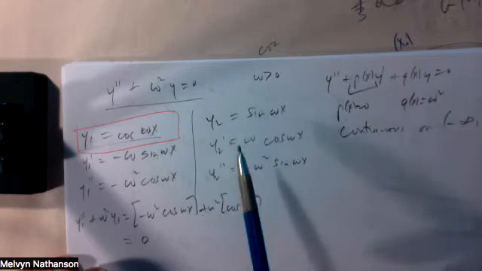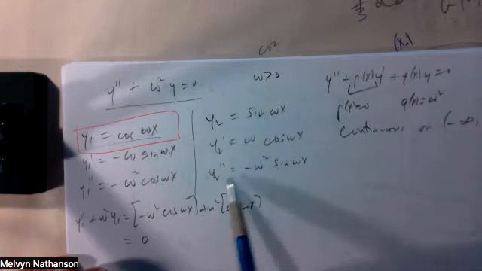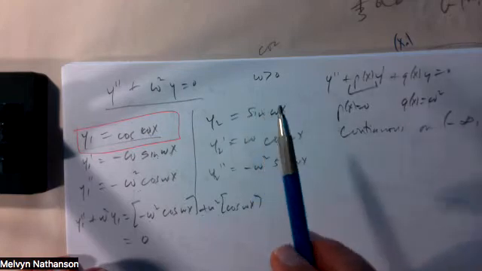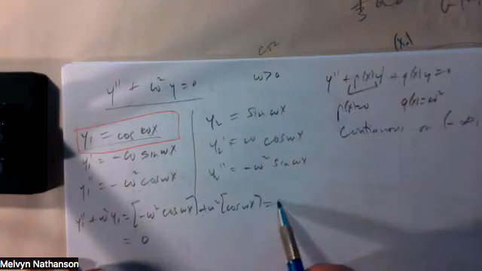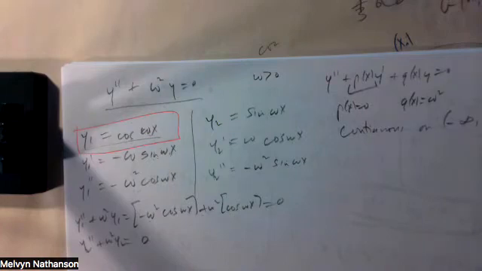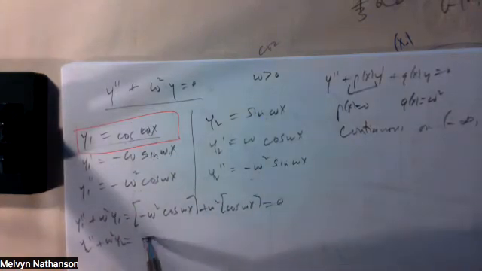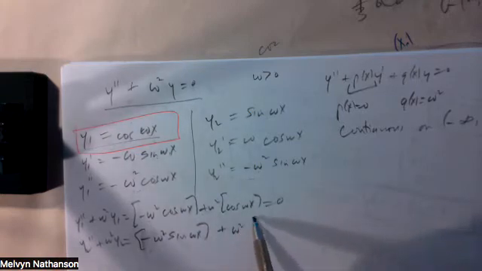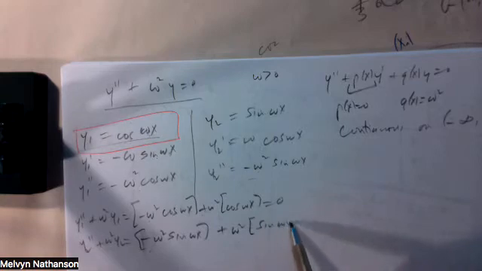And if you take y2 double prime plus omega squared y2, this is minus omega squared sine of omega x plus omega squared sine of omega x.